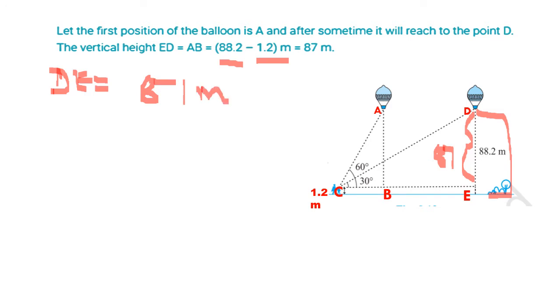Now let us take the two right triangles. The first right triangle is triangle ACB.